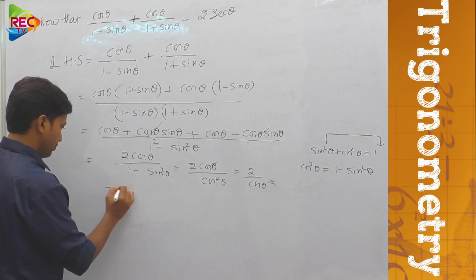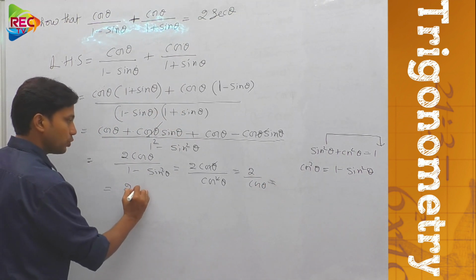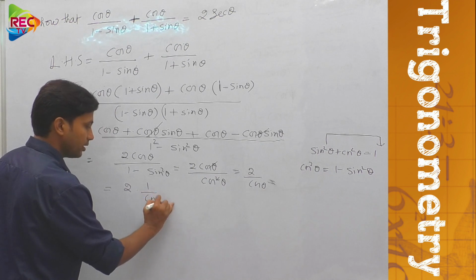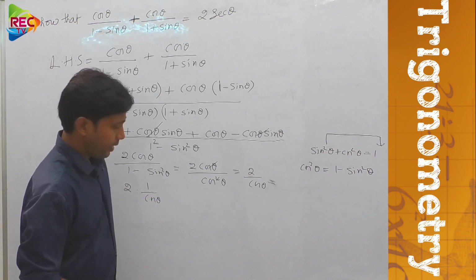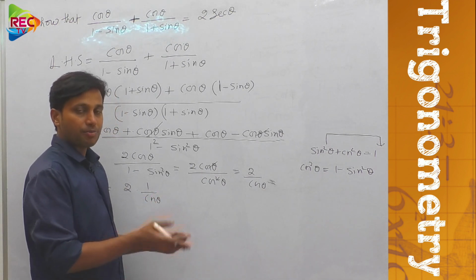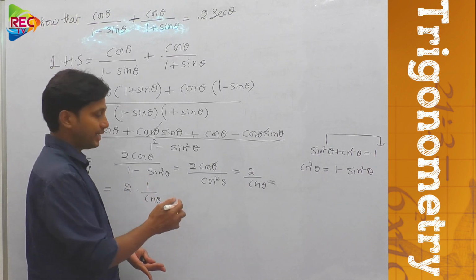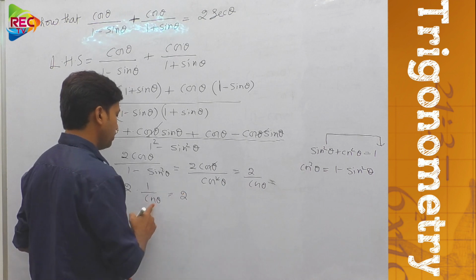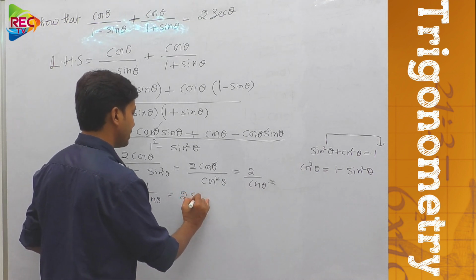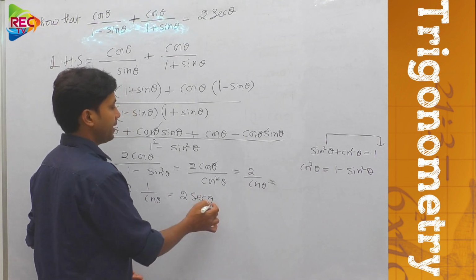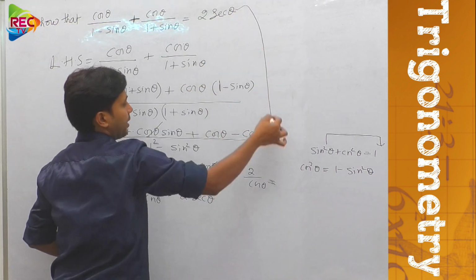Now we can write this as 2 into 1 by cos theta. We know that cos theta and secant theta are reciprocals of each other, so 1 by cos theta can be written as secant theta. So 2 into secant theta. I think we obtained our required part.